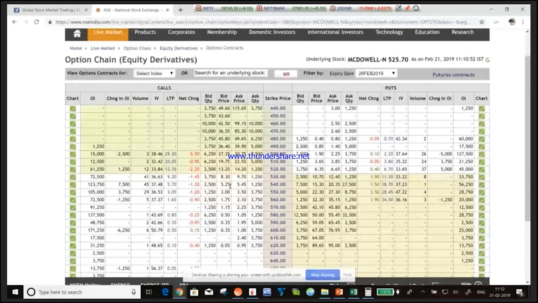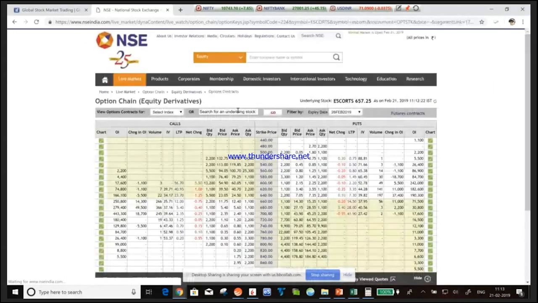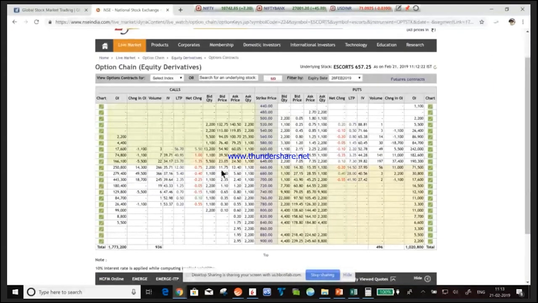The spread in McDowell is also 525, 530. Yeah, it's a little bit more. It's not liquid. Escorts, again the same. 660, about 60 paise, 1 rupee.